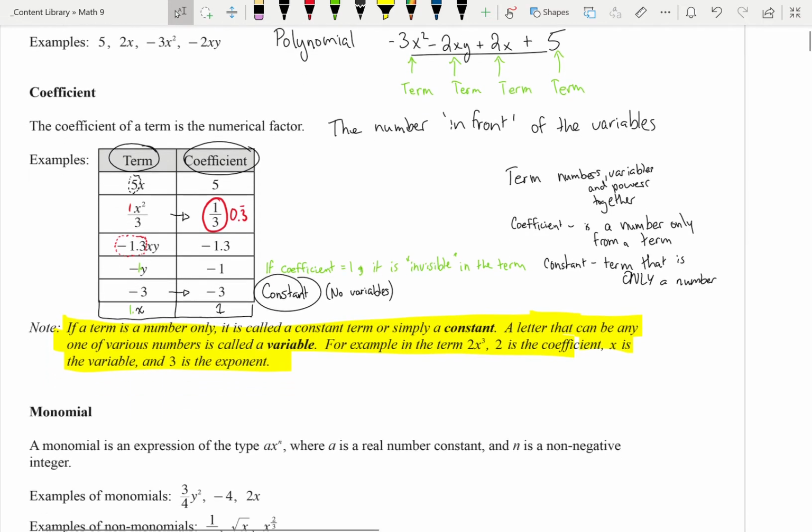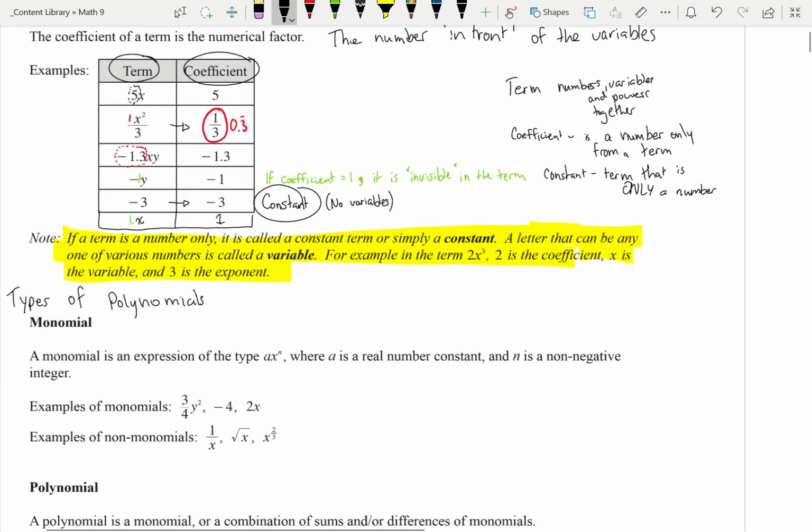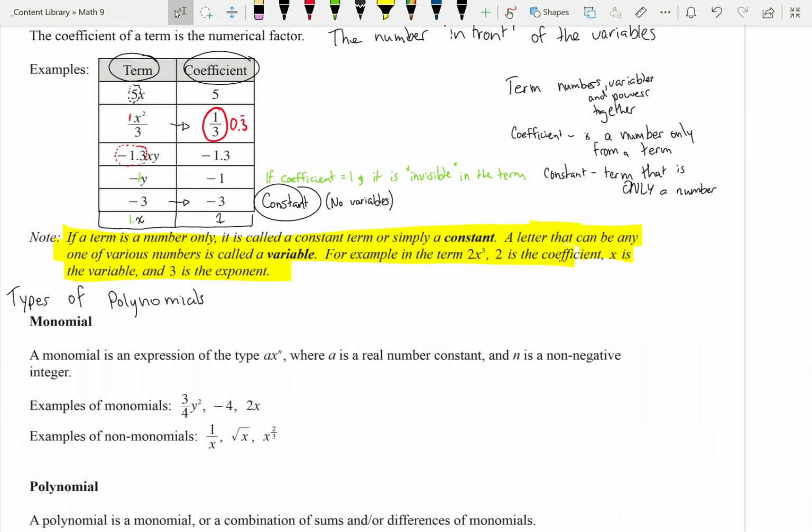So polynomials have a couple of flavors. So we can say types of polynomials. So the first one is what's called a monomial. So mono comes from the old, I think it's Greek word for one, or might be Latin.